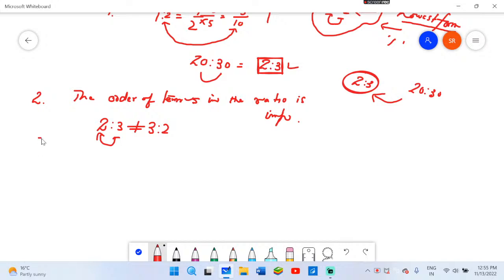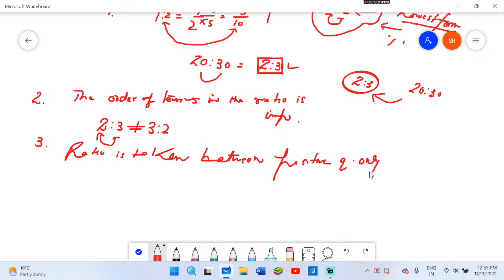Next point is that ratio is taken only between positive quantities. So we can write ratio between 20 liter milk and 40 liter milk.